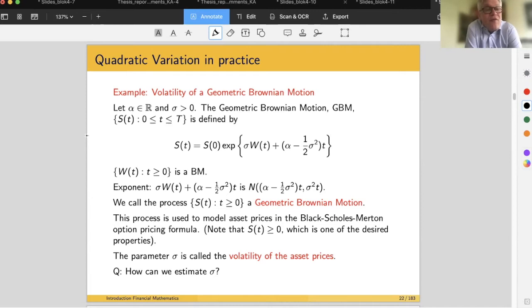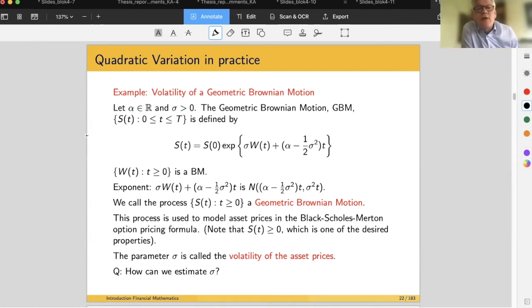So let alpha be a constant in R, and let sigma be a positive parameter. And alpha will be connected to the growth rate, the drift, of a stock price. And sigma will be connected to the volatility, the uncertainty in the stock prices.